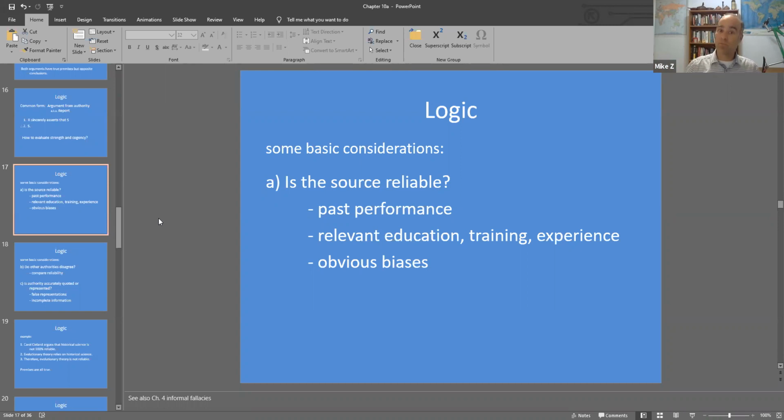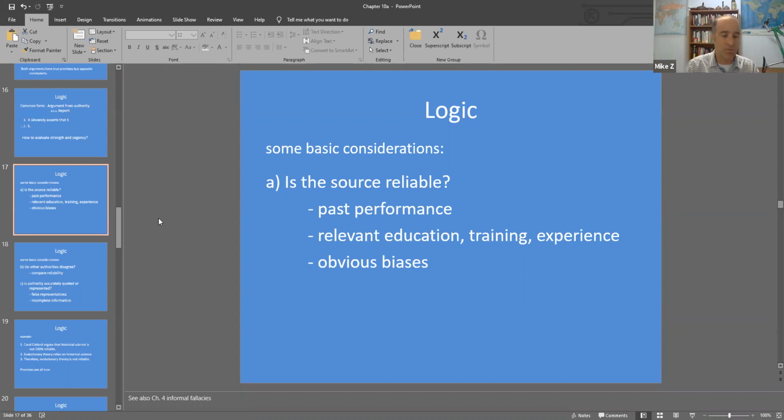We might look at their past performance. Has R made pronouncements about similar things in the past? And if R, whoever this authority is, was accurate, they got it right in the past, then that increases our confidence that this is a good authority to be paying attention to now. It doesn't guarantee it, right?